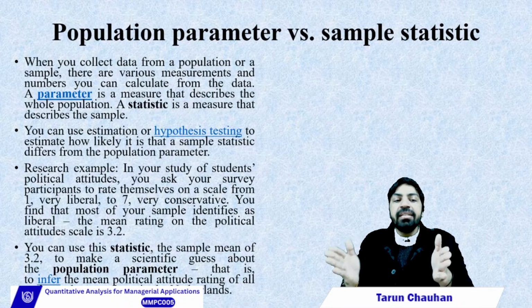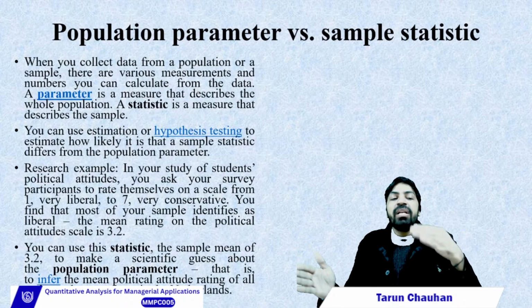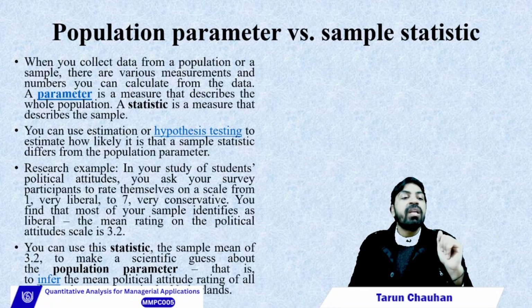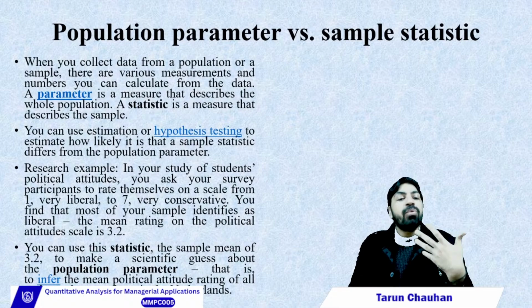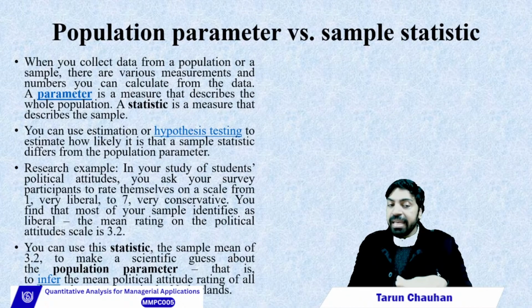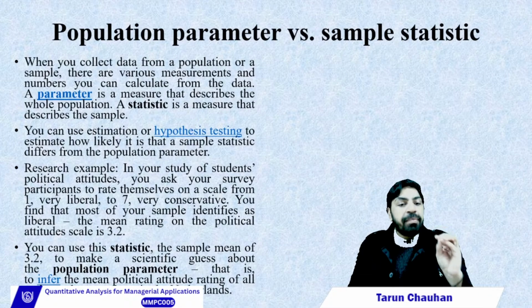So this is a rating scale from 1 to 7, where 1 is very liberal and 7 is very conservative. The researcher can then find out that most of the sample identifies as liberal. After getting the data, it is estimated that most of the students are actually liberal.